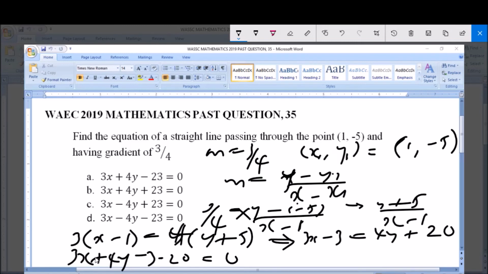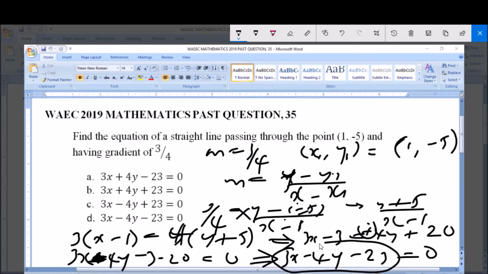Now the 4y is positive here, but when it moves to the other side, it becomes negative, so this is 3x minus 4y. If we simplify further, we have 3x minus 4y minus 3 minus 20, which gives you minus 23, equals 0. So 3x minus 4y minus 23 equals 0 is the answer to this question, and that's the same thing as option D.